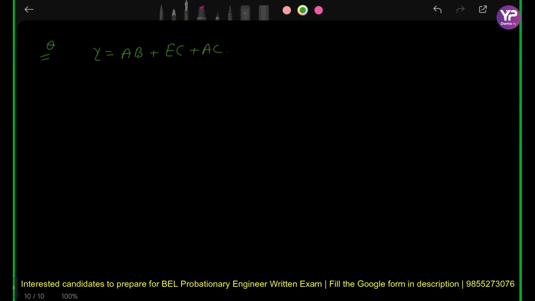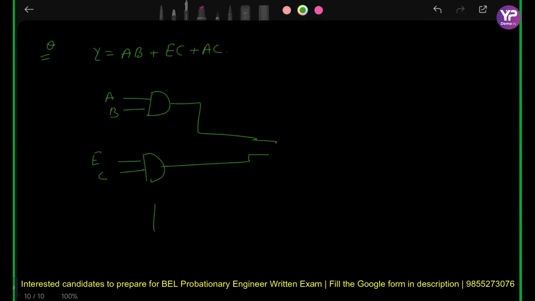Three AND gates and one OR gate. Yes, sir. So first we have an AND gate here to do A and B, right? Then we have another AND gate here performing B and C. Then again we have an AND gate here to perform AC. Then we do the OR operation here.